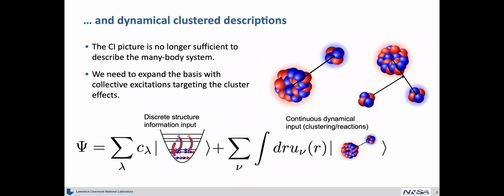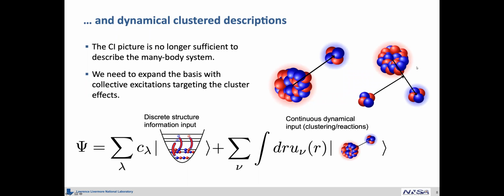So we not only need to be able to describe the internal dynamics of the reacting nuclei, but we also need to be able to describe the asymptotic states that we find them in. Way before the reaction, we have the two nuclei very far apart, they react, we find them again very far apart in the far future. So we need to have somehow this A-body configuration of two nuclei very far apart.